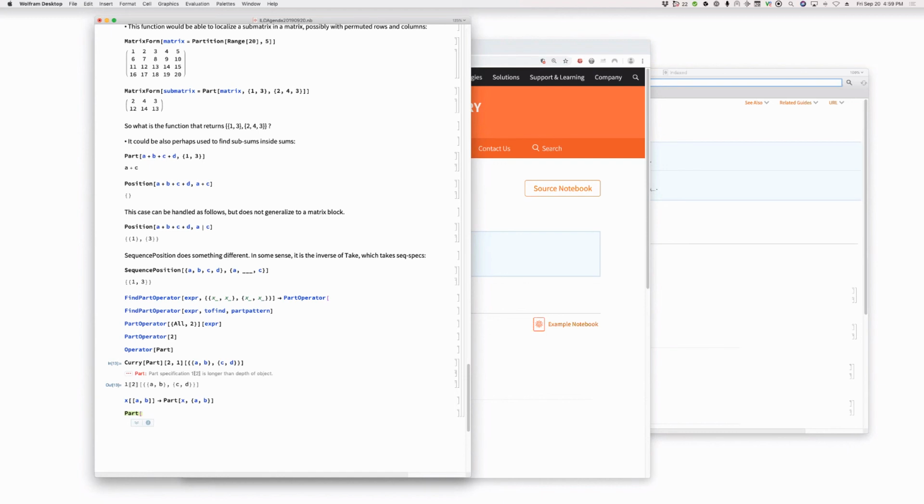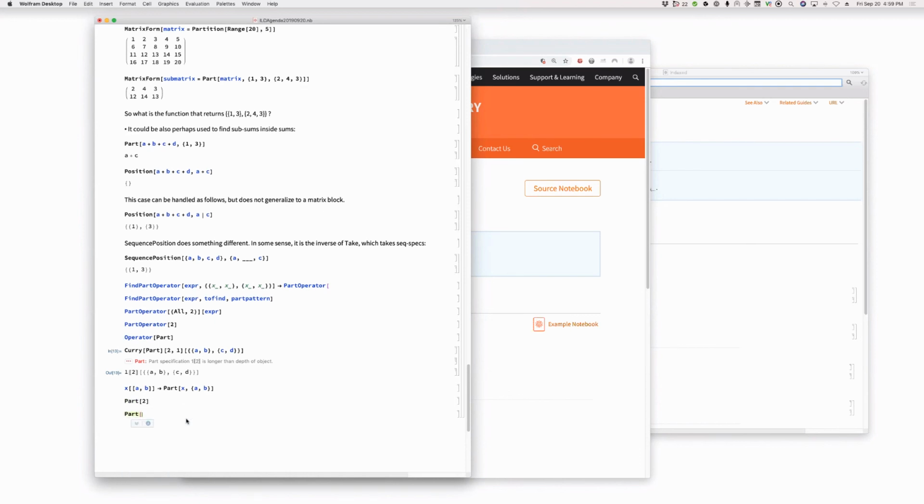I mean, the problem is that this is an elided form. You might have ended up with something, and there may very well be code that does this, where if it's a matrix, it could have the first element here, but if it's a vector, but if it's a scalar, it has 0 extractors, i.e. part of 2, i.e. 2.